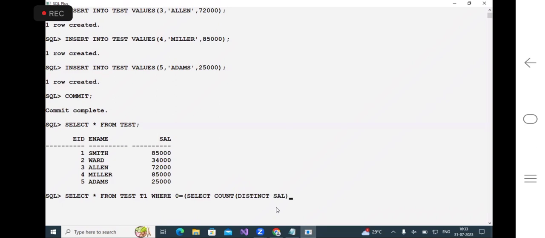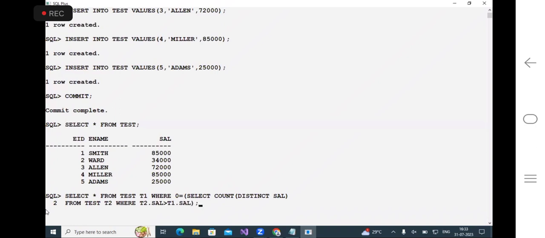Why am I using distinct? Duplicates are not counted. So count distinct of the salary column from which table? From the test table, with another alias name T2, where T2.salary is greater than T1.salary.